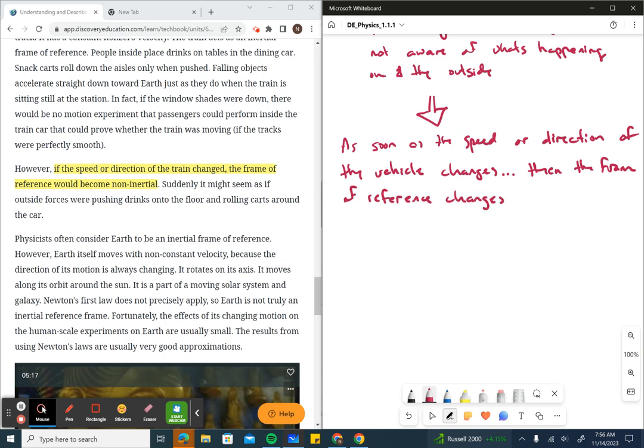And what does it change to? It changes to a non-inertial frame of reference.